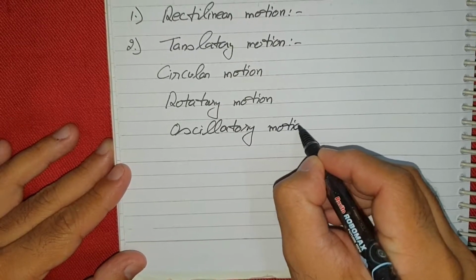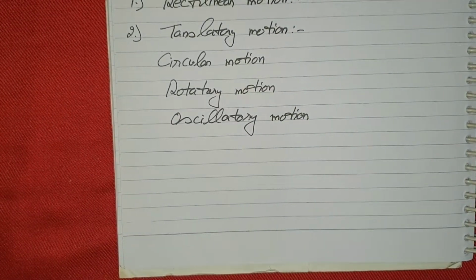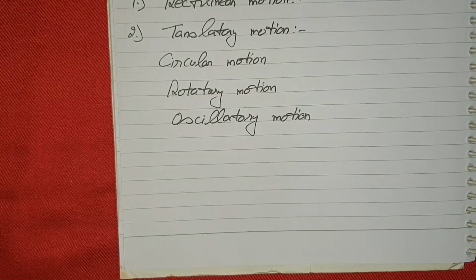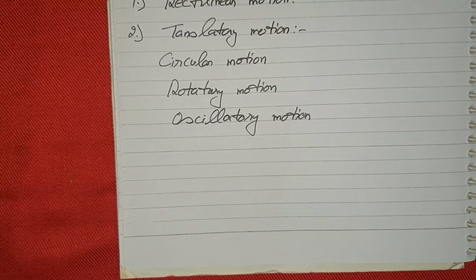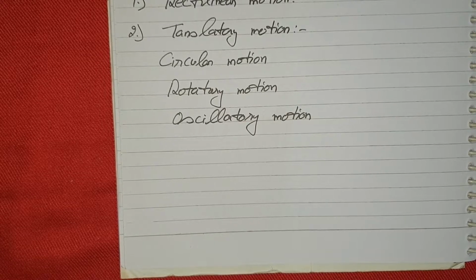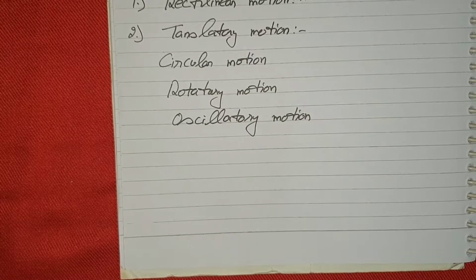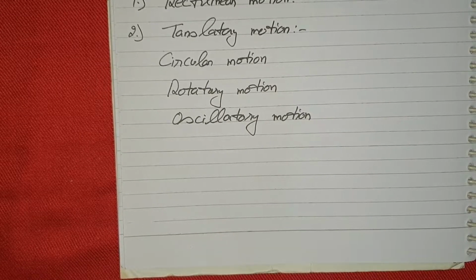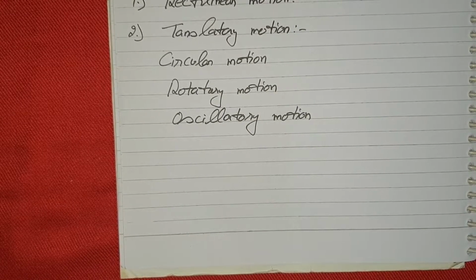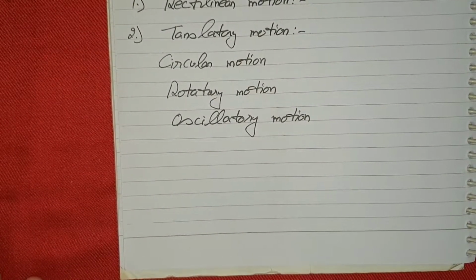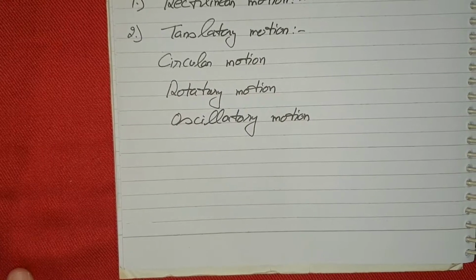Oscillatory motion is that motion in which a body moves to and fro, back and forth, repeatedly about a fixed point, and that fixed point is called the mean position, in a definite interval of time. In such a motion, the body is confined within well defined limits. They are known as the extreme positions, on either side of the mean position.